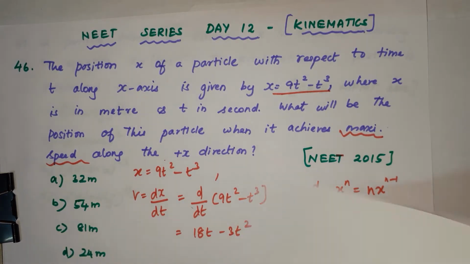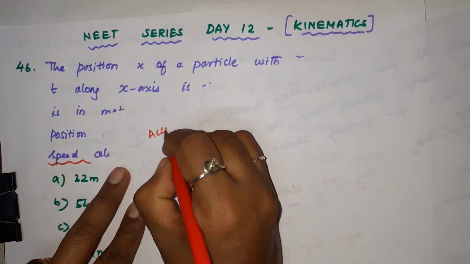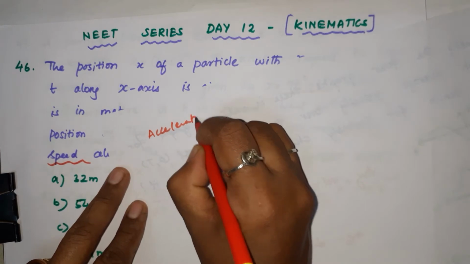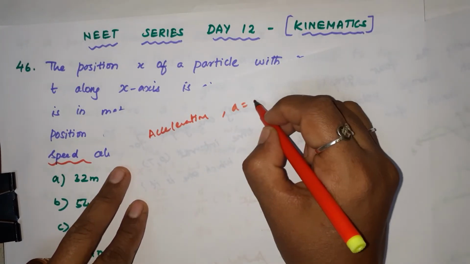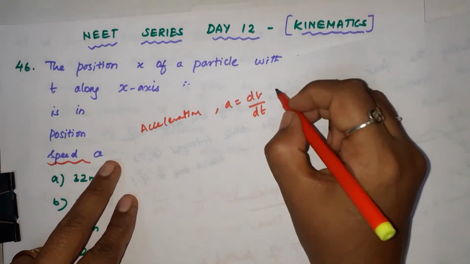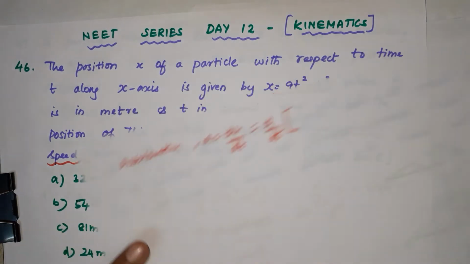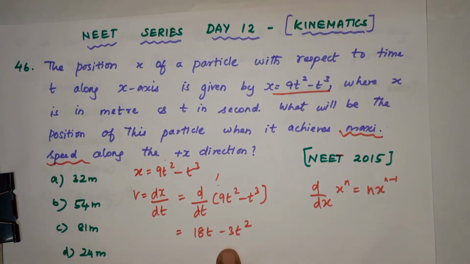After this, we are going to find the acceleration. Acceleration a is equal to dv by dt. Now we found the velocity, which is 18t minus 3t square.